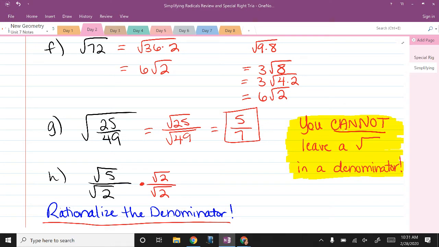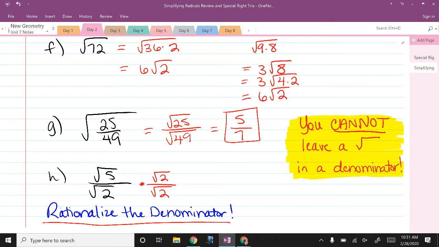Now, what does anything divided by itself equal? 1. So I'm really not mathematically changing the value of this fraction if I'm multiplying it times 1. I'm just going to change the way it looks. Okay? I'm just changing the way it's presented to us because we cannot leave a radical in the denominator and be simplified or mathematically correct.